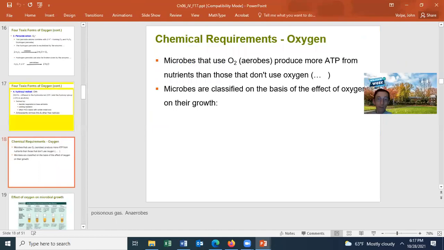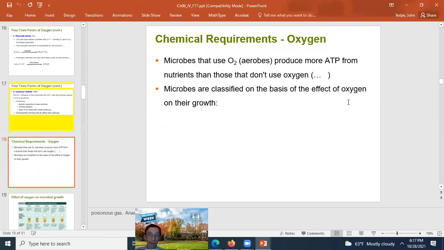All right, microbes that use oxygen are called aerobes. Microorganisms that cannot use oxygen and find oxygen toxic are called anaerobes.